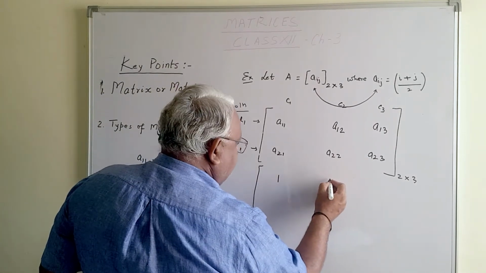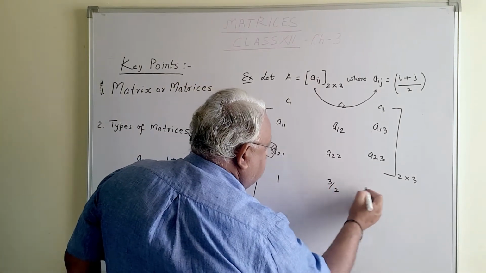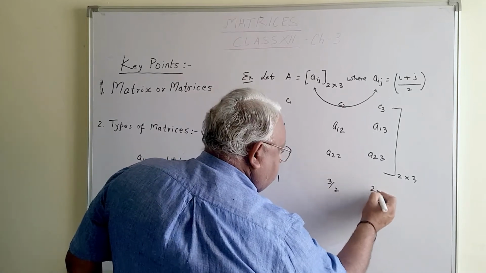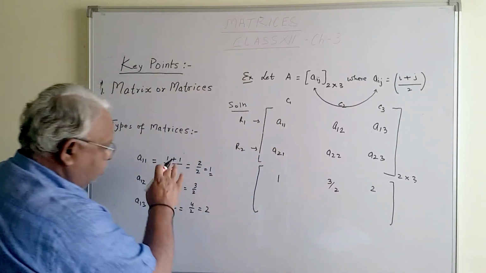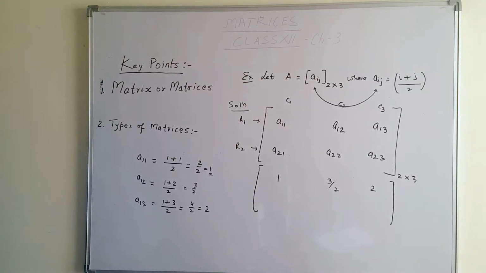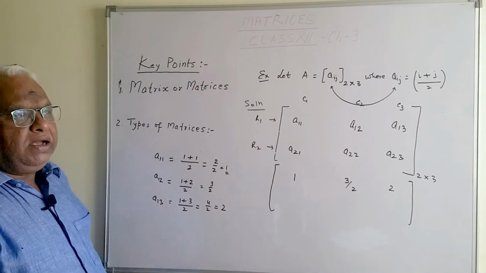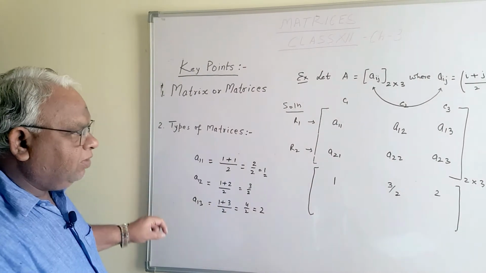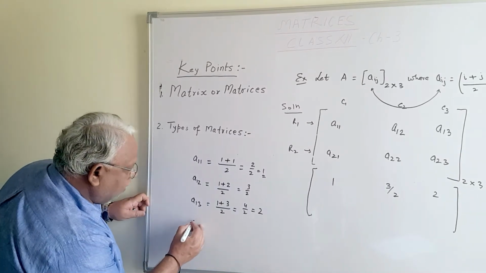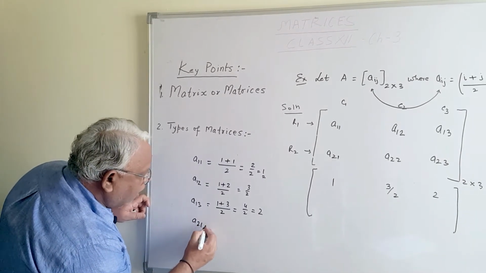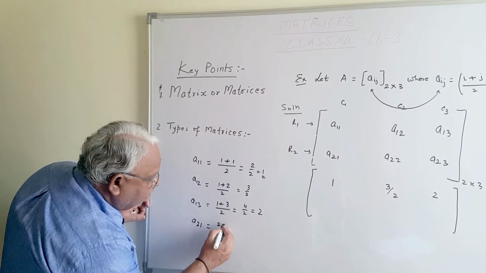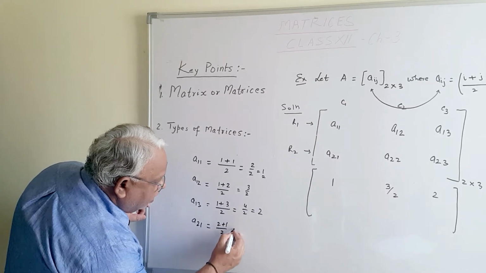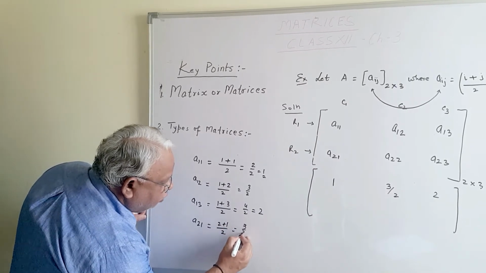So let us write the answer. After calculating the answer, you must fill it back, otherwise you may make a mistake. Now let us move to the second row. A21 is 2 plus 1 divided by 2, so it is 3 by 2.